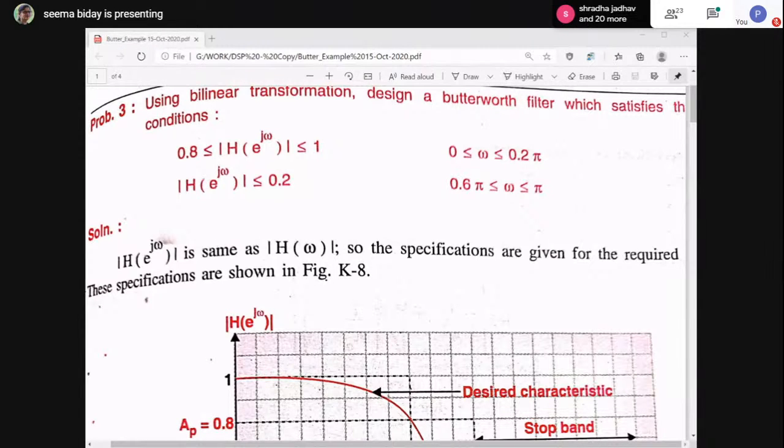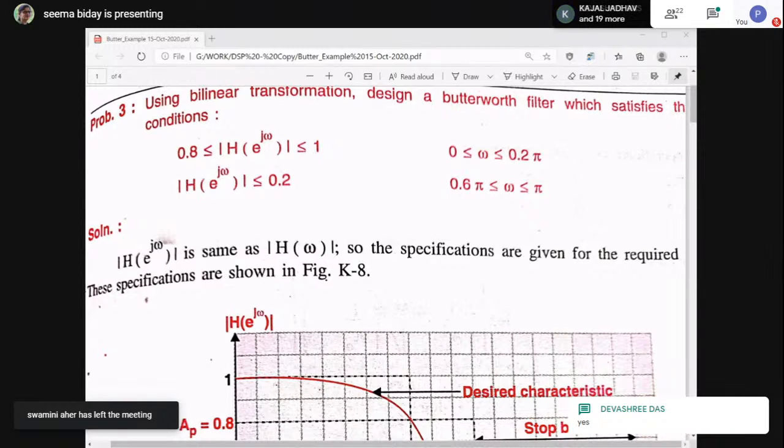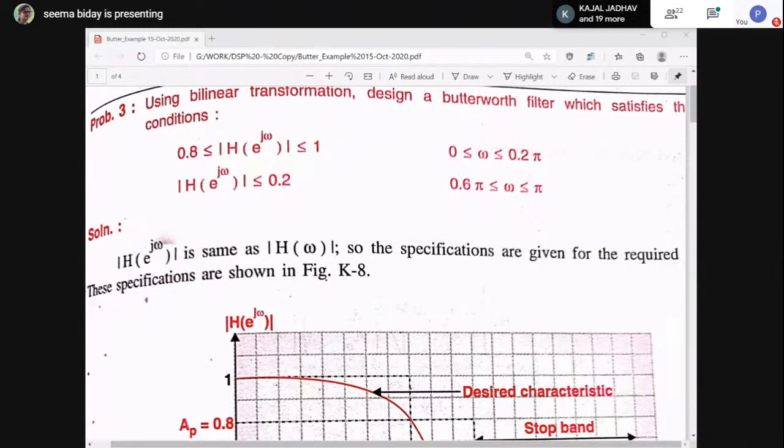In analog filter specification, we are always using omega for analog frequency.